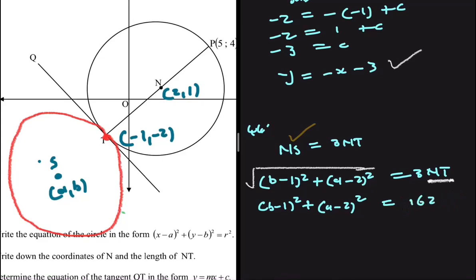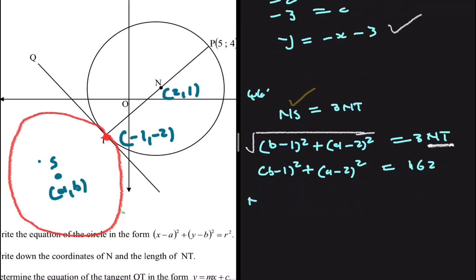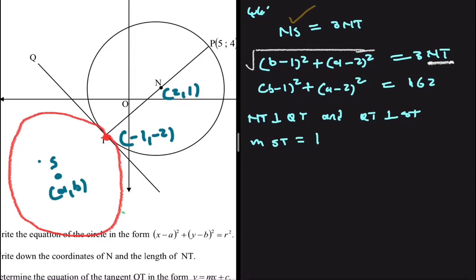We have 162. We know that NT is perpendicular to QT, and then we also know that QT is perpendicular to ST. So that tells us that the gradient of ST will also be equal to 1. We can say that y of t minus y of s divided by x of t minus x of s should be equal to 1.